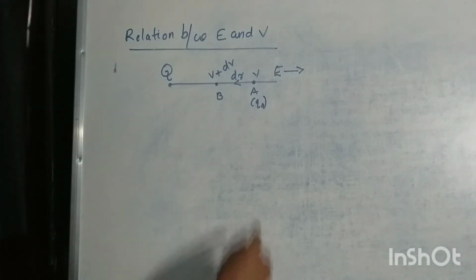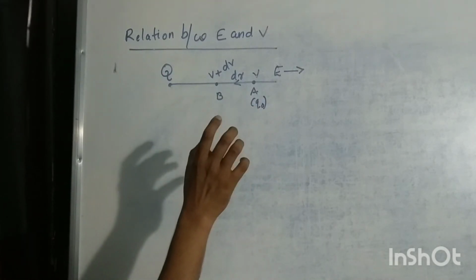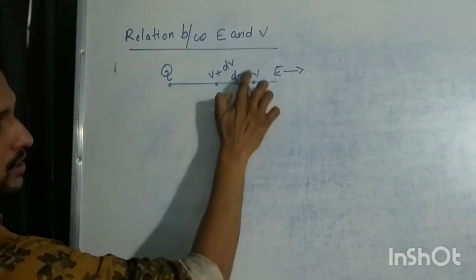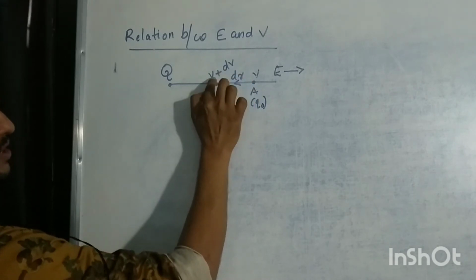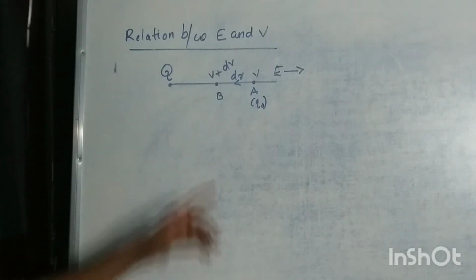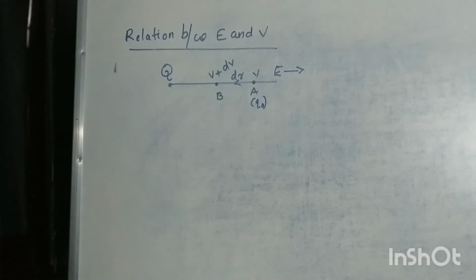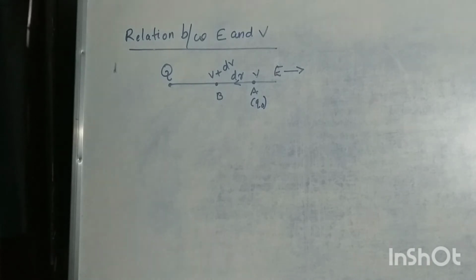Assuming two points A and B in the electric field, and Q0 is a test charge. Bringing a test charge from infinity to A, the potential is V. Bringing Q0 from infinity to B, the potential is V plus dV. So there will be a small difference in potential, V plus dV and V, and the distance between A and B is taken as dr. So dV and dr are small values.